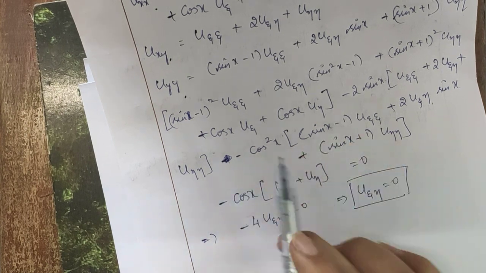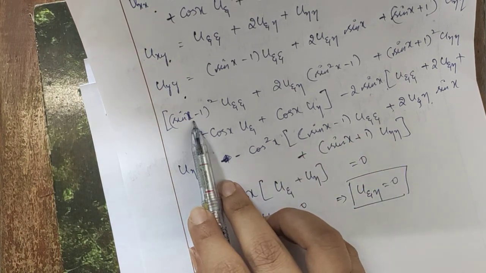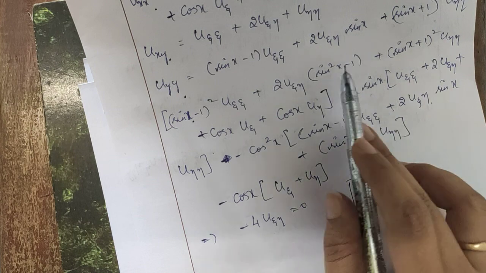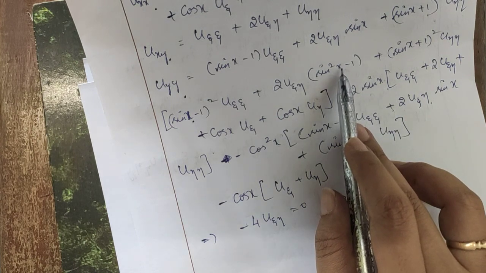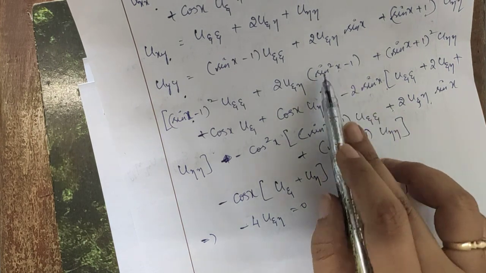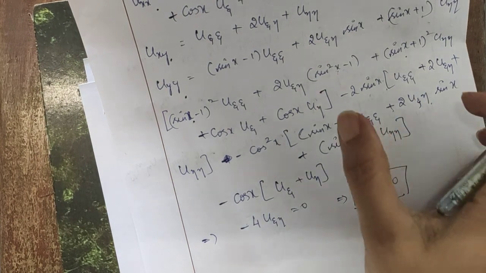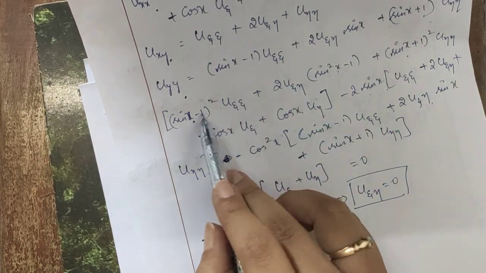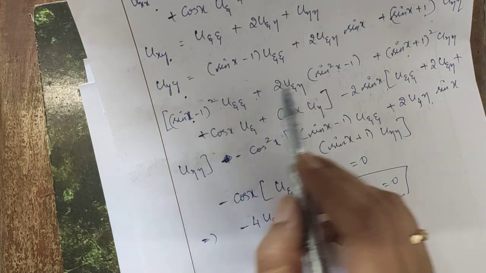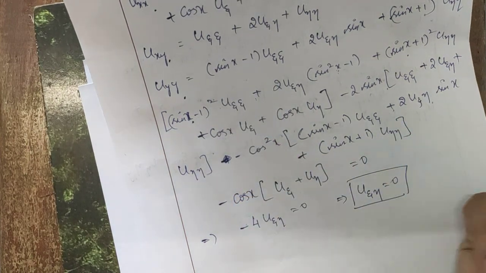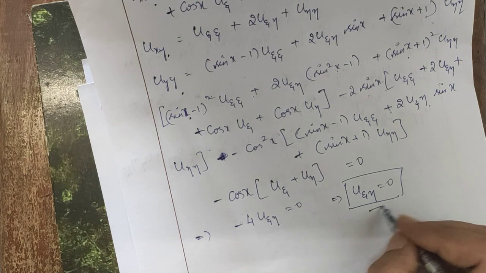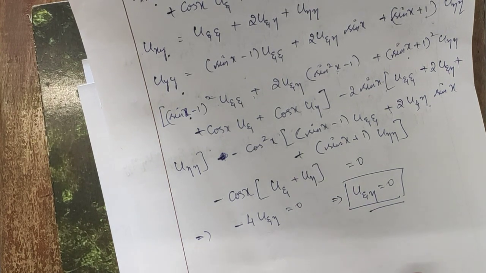Just simplify this term. Here you can apply the a minus b whole square formula. Here you can simplify in the same form itself. This is the a plus b whole square formula. Expand these terms and multiply with the unknowns. So some of the terms get cancelled there. Finally you will get u xi eta is equal to 0.